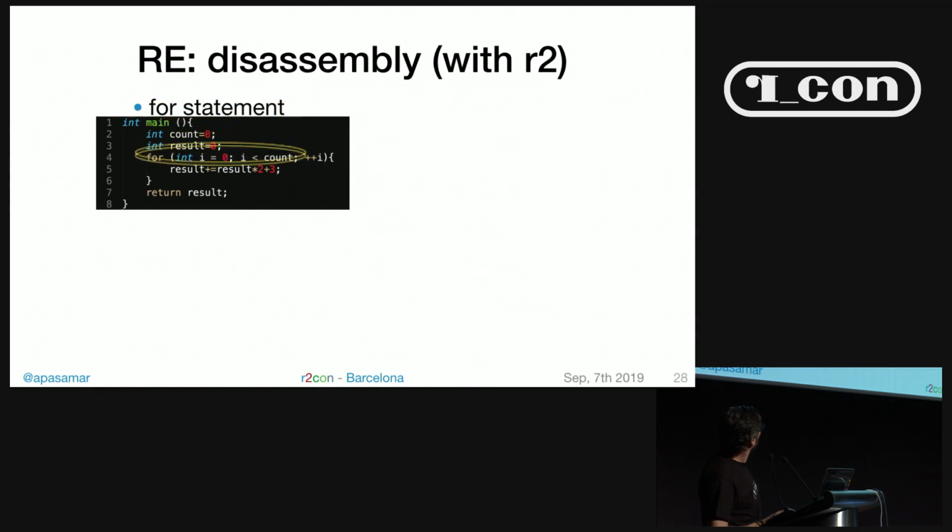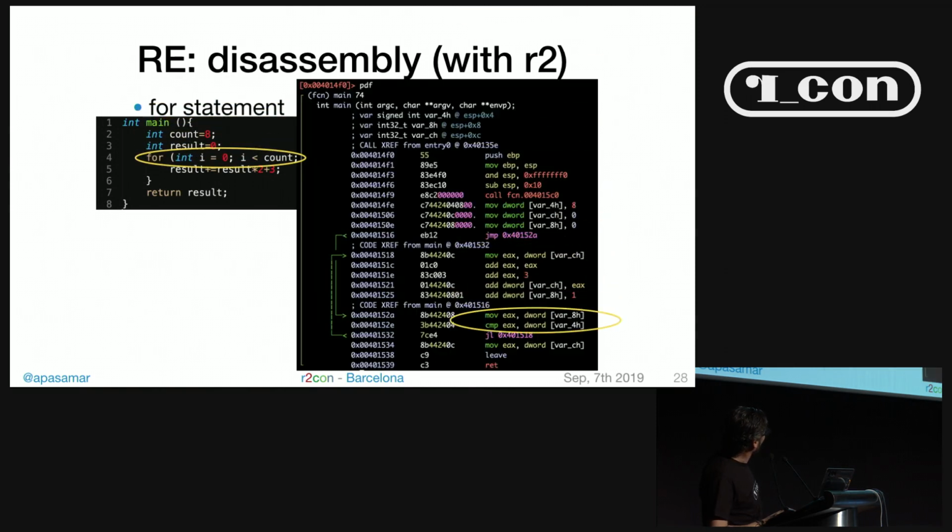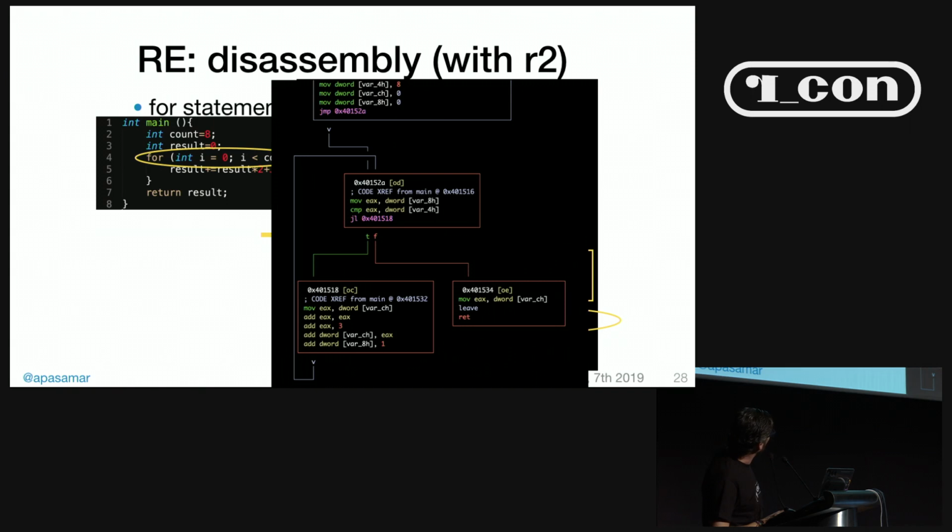Well, this is a for. Here we have this jump. The first time, and we have here this comparison, it is comparing EAX with this variable, and basically it's comparing if it is less than 8, and then jumps there.